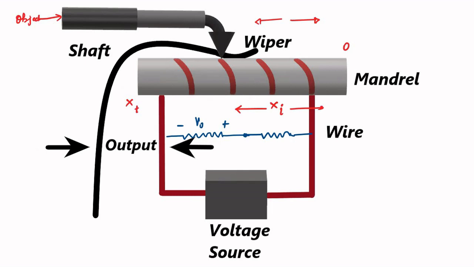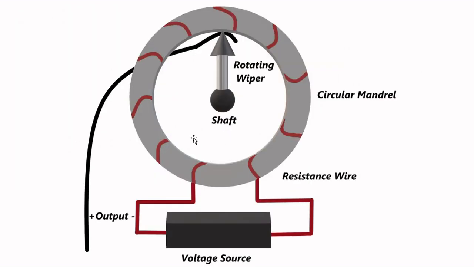Now, this whole potentiometric setup is the basic design, and this is the linear potentiometer and this is the rotary potentiometer. Same thing, but here the mandrel is circular in design, for whole 360-degree movement. Again, the wire is closely wound on an insulated former, a supply voltage is given, and the rotating wiper or shaft is free to rotate 360 degrees.